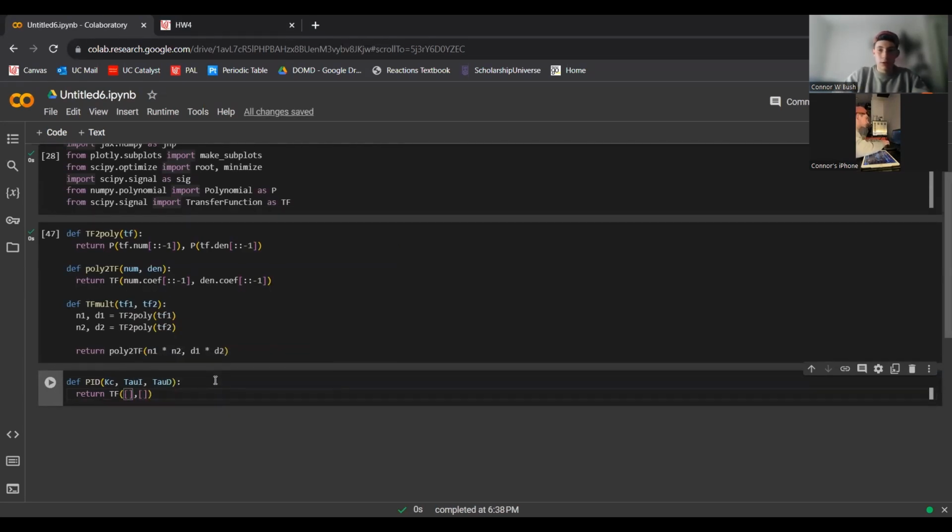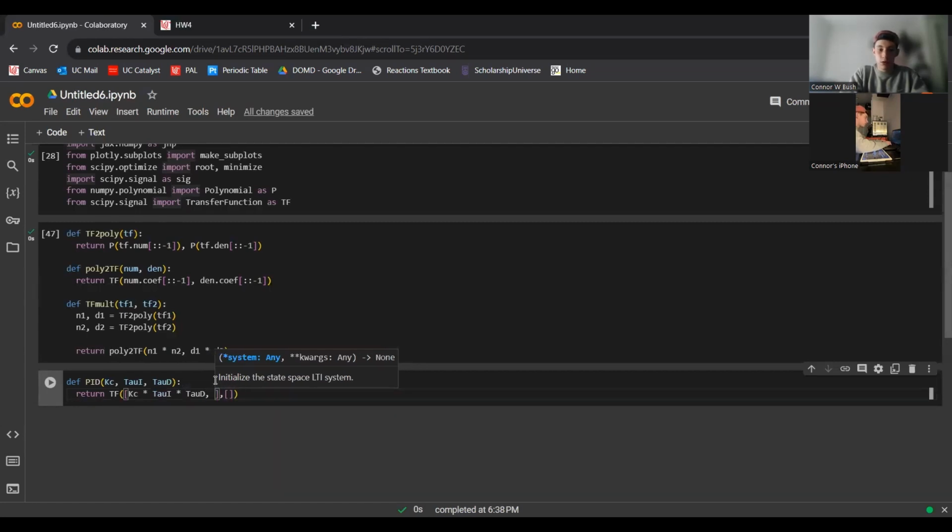So our numerator, I'm looking at my iPad for reference, what I just wrote. Our numerator in descending order, we start with KC multiplied by tau I multiplied by tau D. So this is our S squared term.